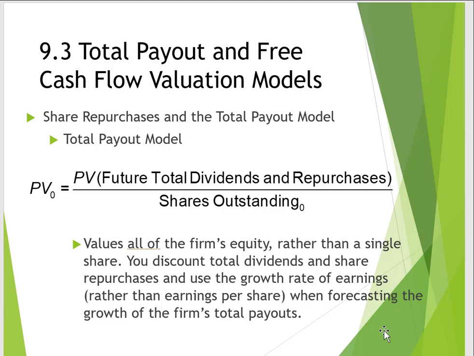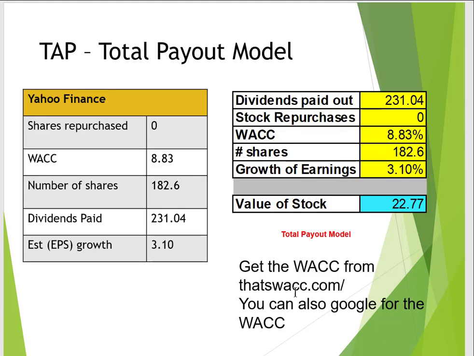Now, this is going to value all of the company's equity rather than a single share, right? So in this case, we want to look at total dividends paid, not dividend per share, and share repurchases. And we're going to use the growth rate of earnings rather than earnings per share when we're forecasting the growth of these payouts.